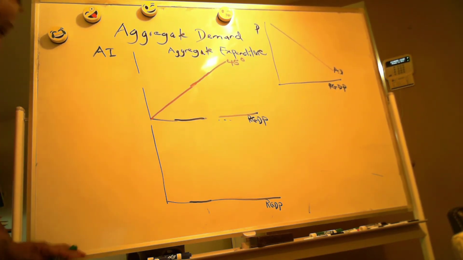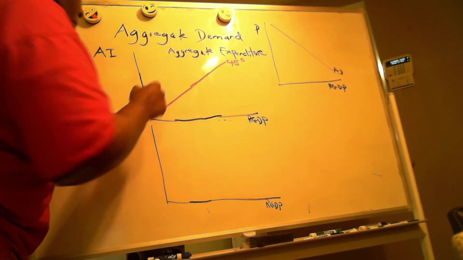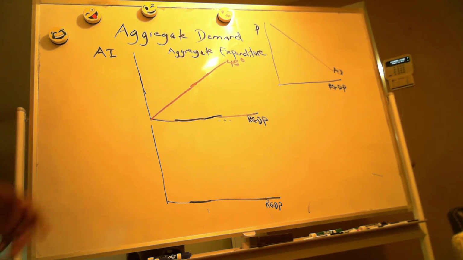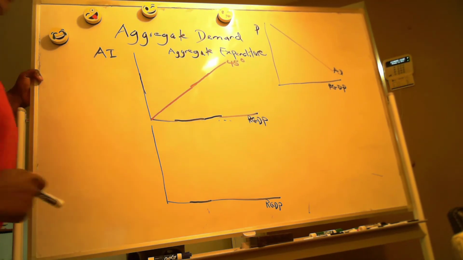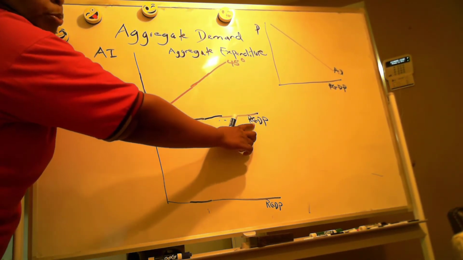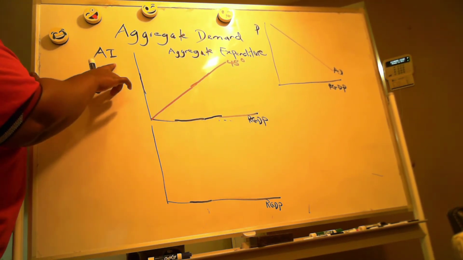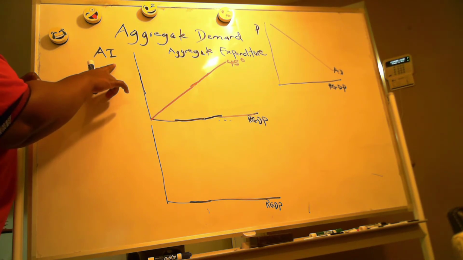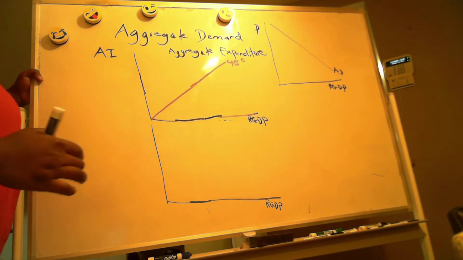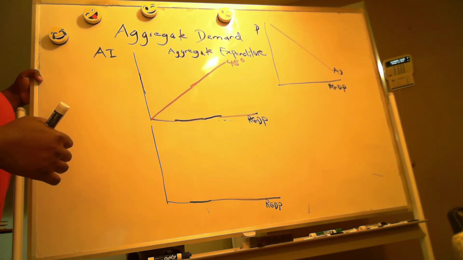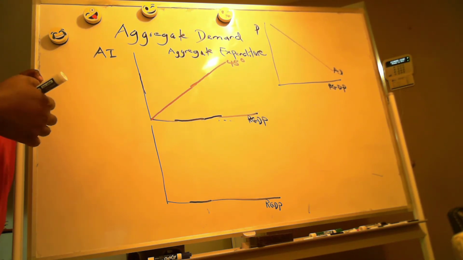Alright, we are now ready to go. We have a model with variables that we are used to. Now suppose, keep in the back of your mind, on this 45-degree line, everything that's produced in the economy, the RGDP, is equal to the total spending in the economy. Think about that for a minute. Everything that's produced is equal to everything that the different agents in the economy spend.